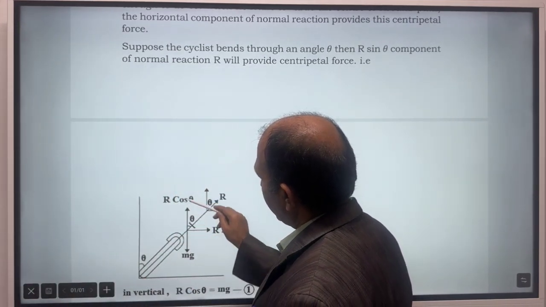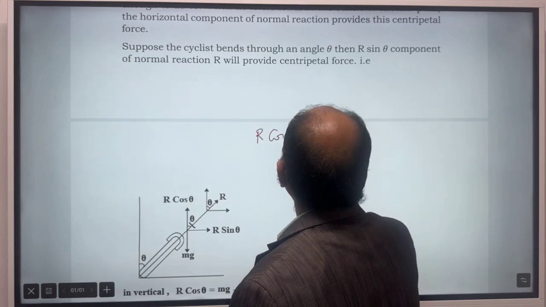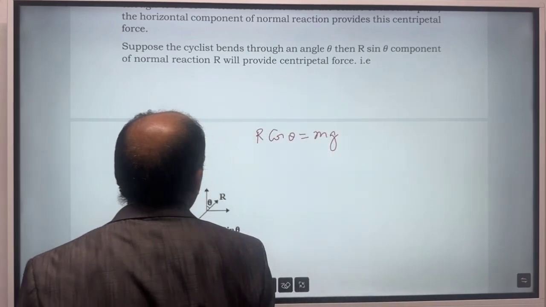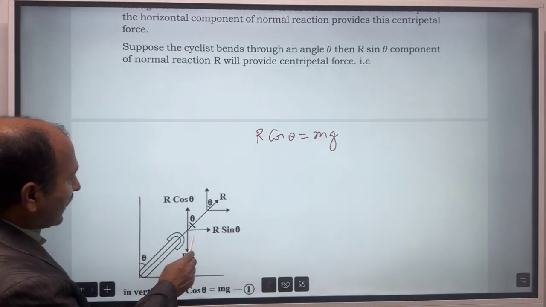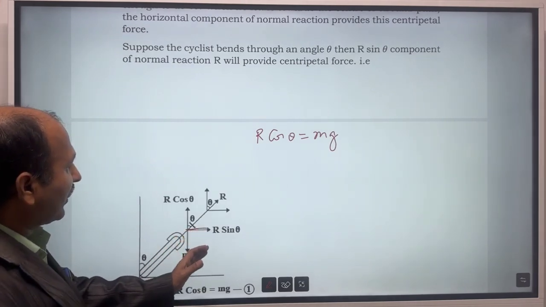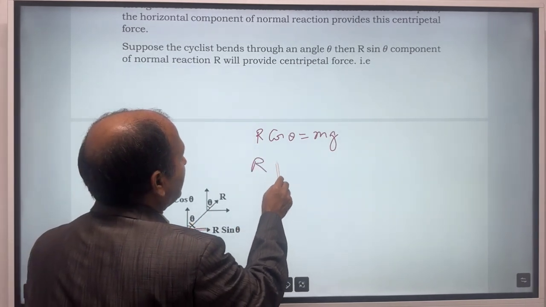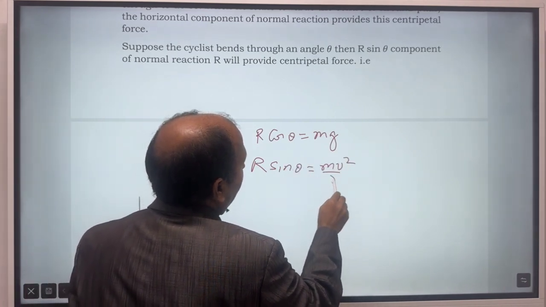So R cos theta is balancing it. So you can say R cos theta is balanced by mg. But we need centripetal force. So here R sin theta component of normal reaction will provide centripetal force. So R sin theta will be equal to mv square upon R.